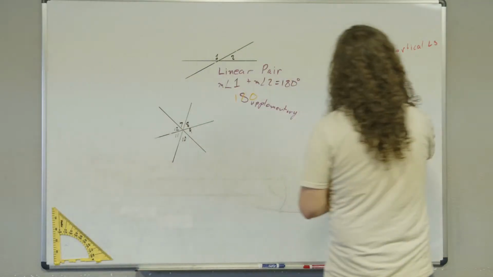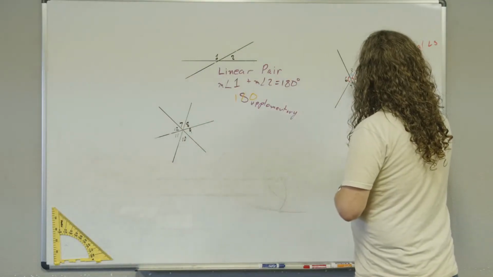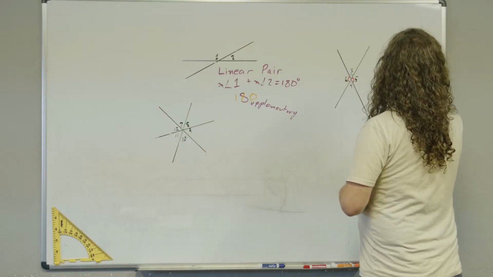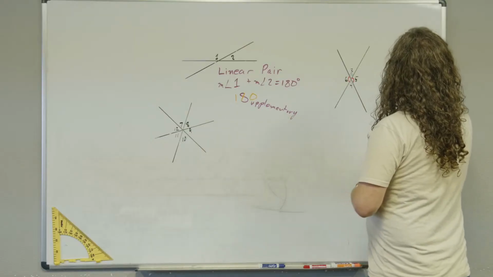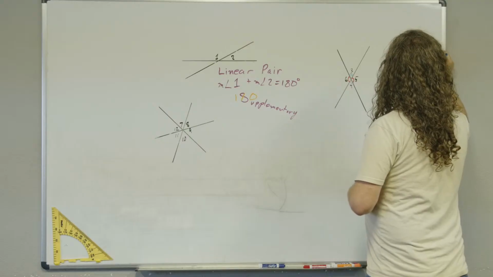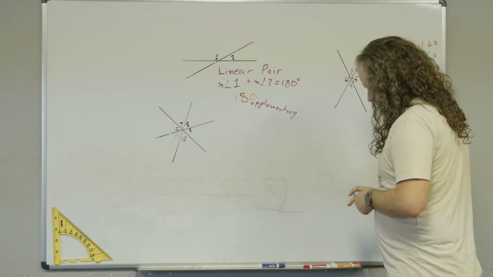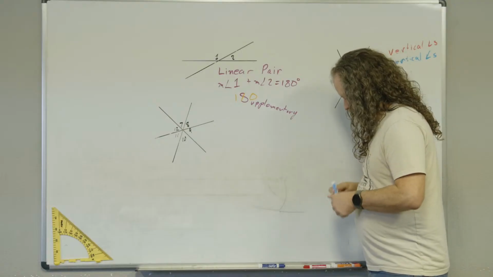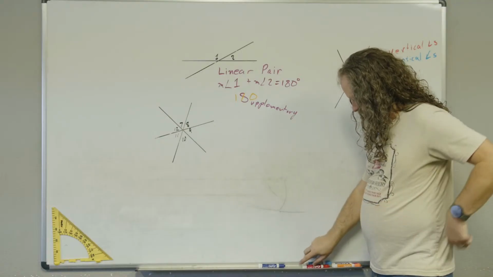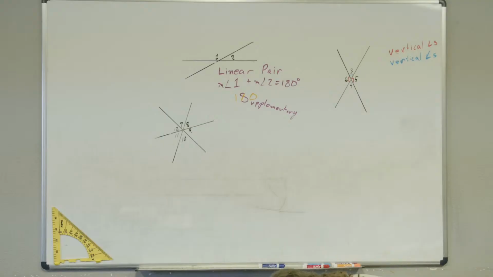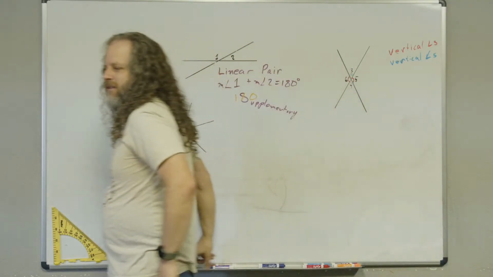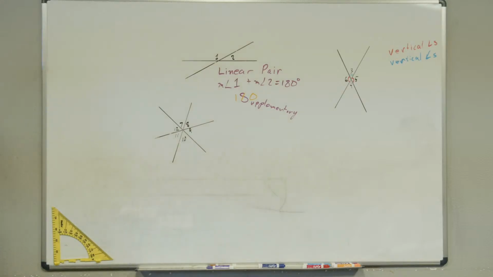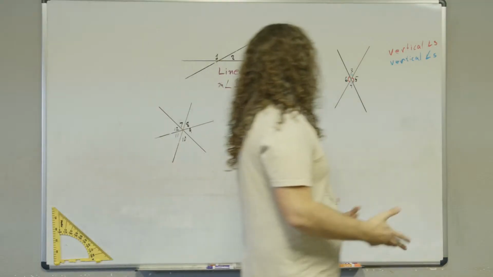Still vertical angles. Vertical angles. How can we tell when they're vertical angles? They're across from each other, right? The simplest way to describe it. They're across from each other. How are vertical angles related?